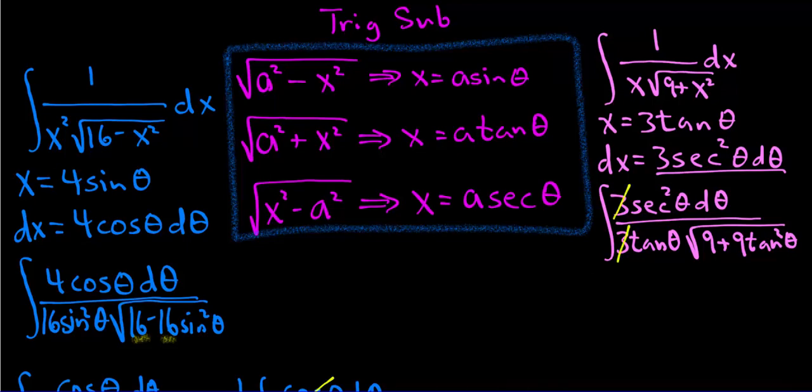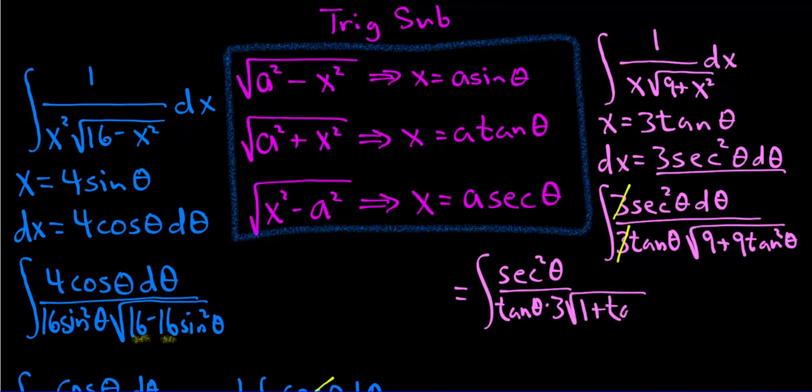Those 3's cancel. That was quick. Now we've got secant squared theta over tan theta. Let me factor out those 9's and get 3 times 1 plus tangent squared theta d theta.